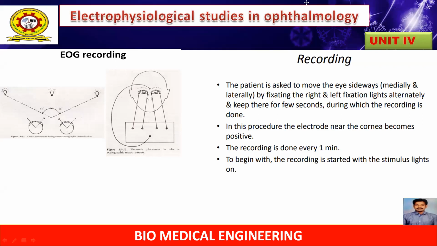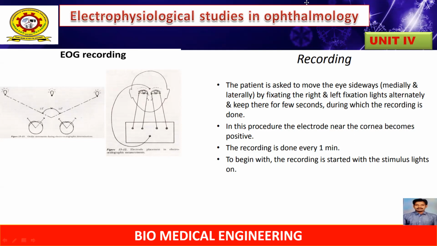In electrooculogram or electrooculography, what is the main intention? Simply, it records biopotentials generated by the movement of the eyeball, that is, changes in the resting potential of the eye existing between the cornea with its positive and the back of the retina, which is negative.